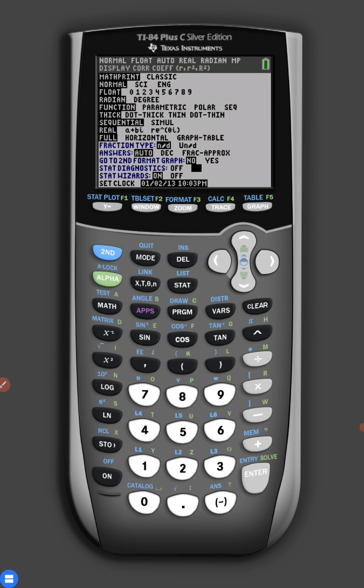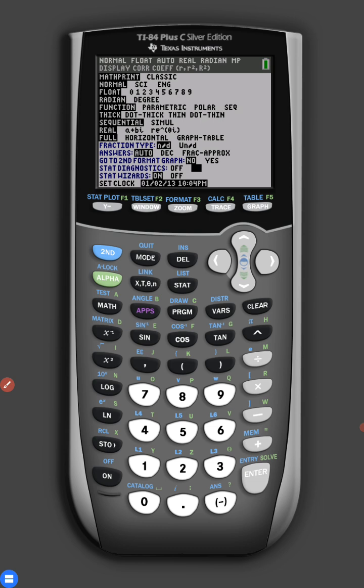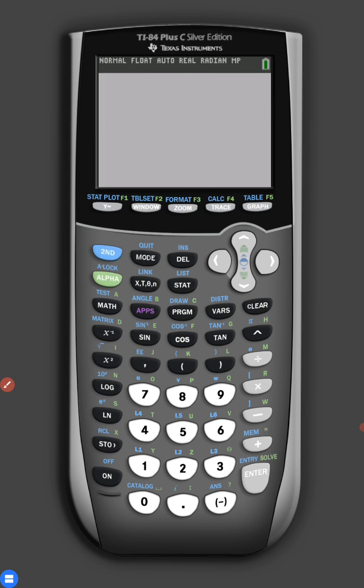Okay, so all I did was scroll over to on and click enter, because if that is not turned on, your calculator will not spit out your R value. Okay, so once that is turned on, then I am going to hit second, which is this blue button, and mode. And what that does is that quits the menu and puts me back to the home screen. So second, mode, and now I'm back to my normal screen.